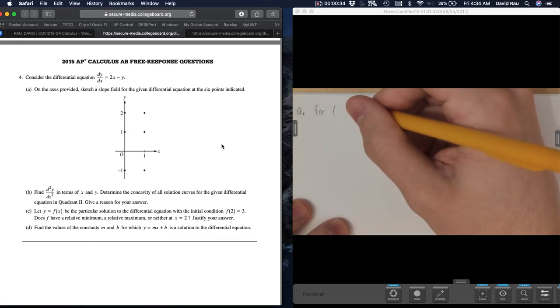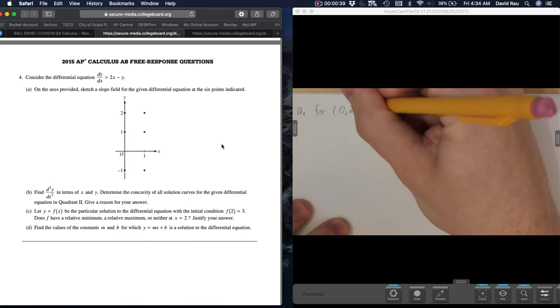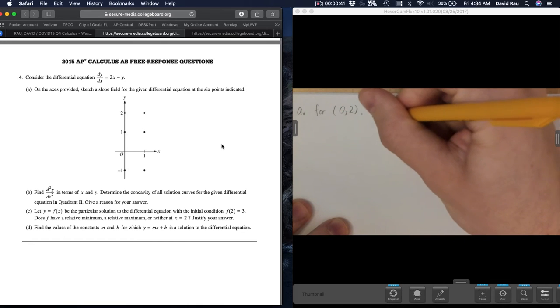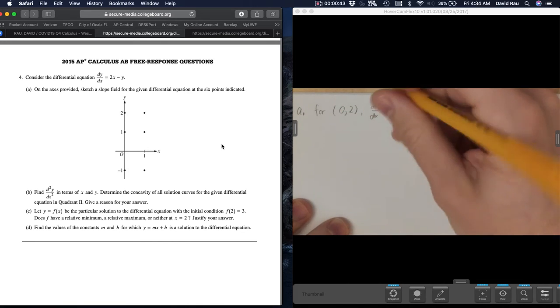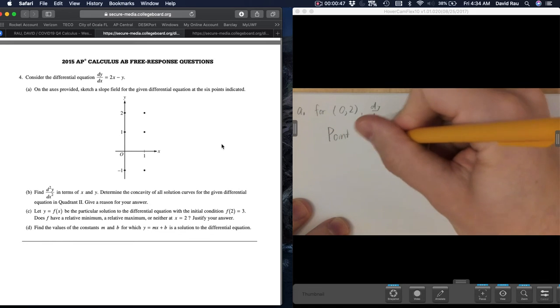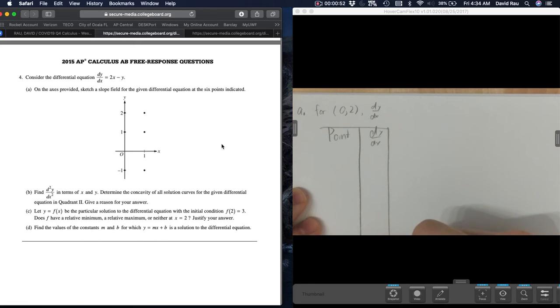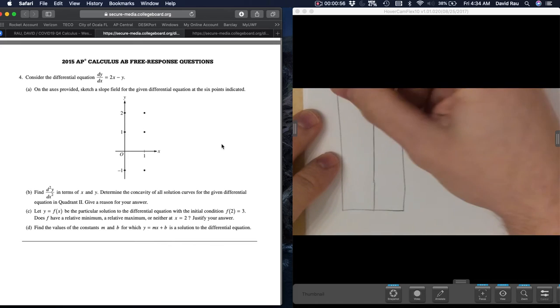So I could format this better, but for sake of time, I'm going to write it like this. Point 0, 2, we have dy dx. Actually, just make a table. Probably be the best way to go.